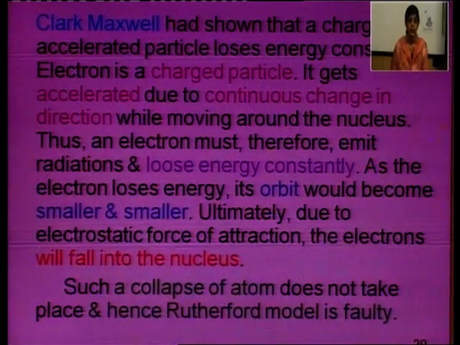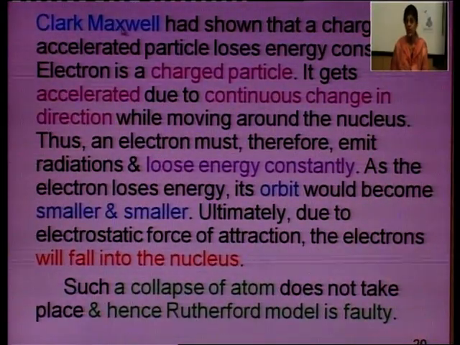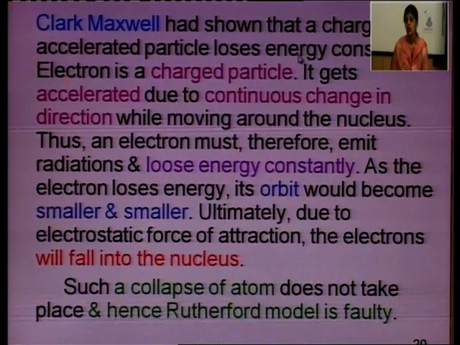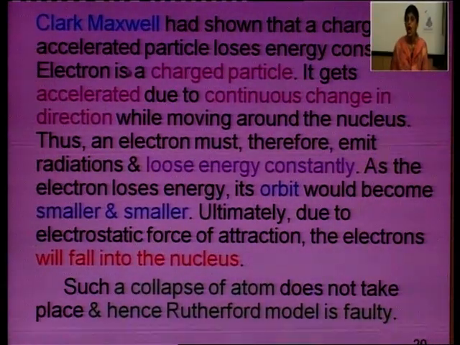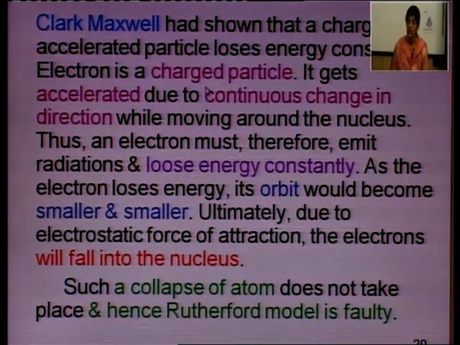But Maxwell was a scientist who said that charge accelerated particles lose energy constantly, and electron is a charged particle. It gets accelerated due to continuous change in the direction while moving around the nucleus. Thus, an electron must therefore emit radiation or lose energy constantly.